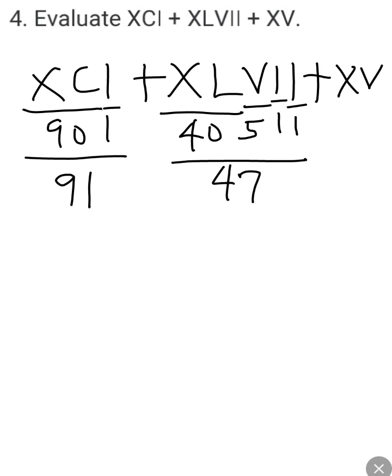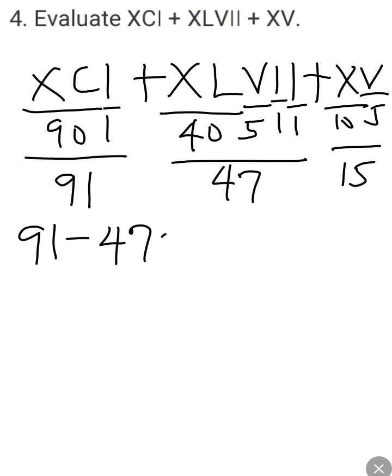And so X is 10, then V is 5. So I'll now have 10 plus 5 making 15. And so at the end of the day, the protocol is actually 91 minus 47 minus 15. 91, sorry, please, plus. We are working with addition. So it will be 91 plus 47 plus 15.